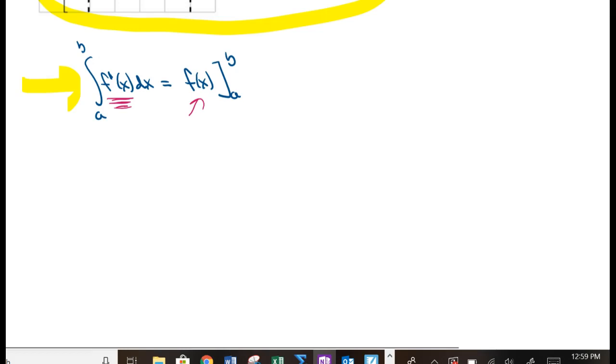It could be the number of flies. It could be the length of a radius. It could be the thickness of moss on a hillside. While we call it f prime of x, it's nothing other than just a function after all. And the evaluation of the definite integral of some function always involves its antiderivative.